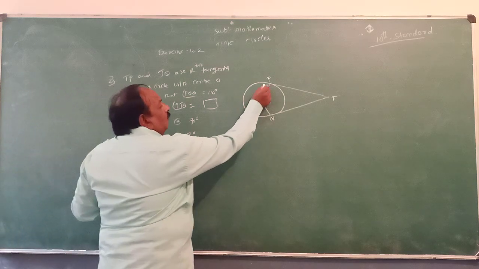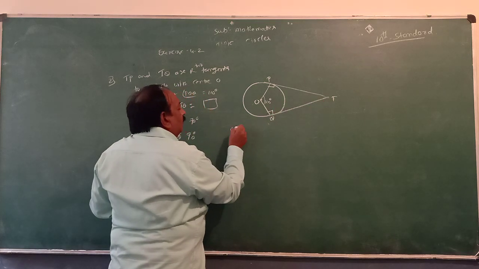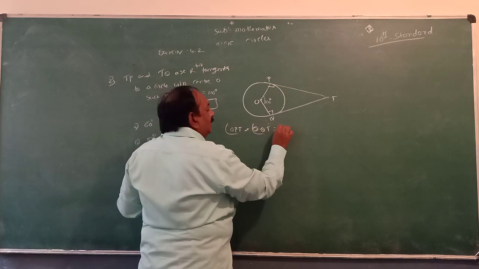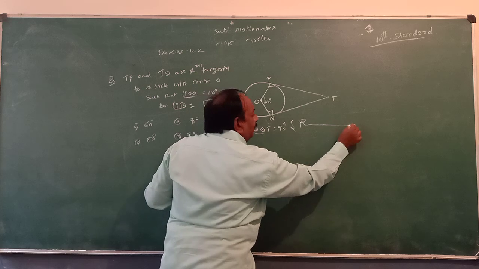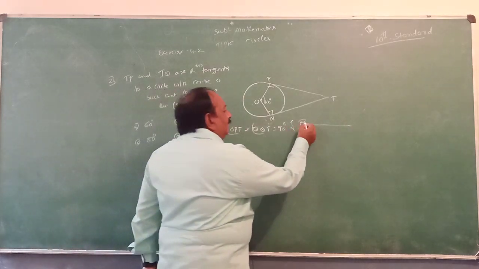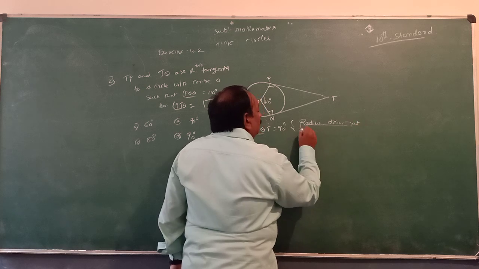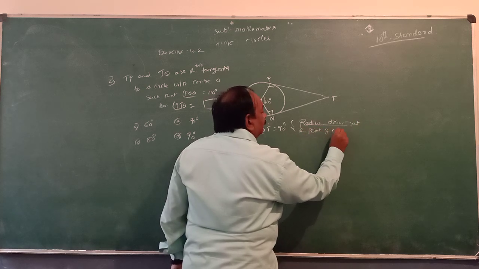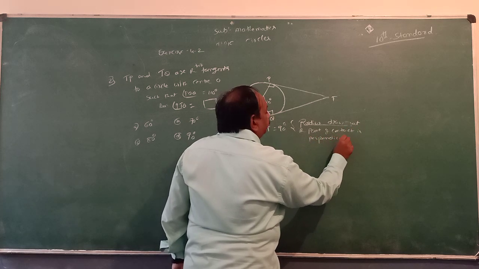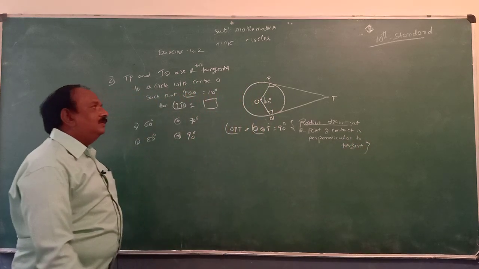So, angle OPT is equal to angle OQT, which is equal to 90 degrees, because the radius drawn at the point of contact is perpendicular to the tangent. Radius drawn at the point of contact is perpendicular to the tangent.